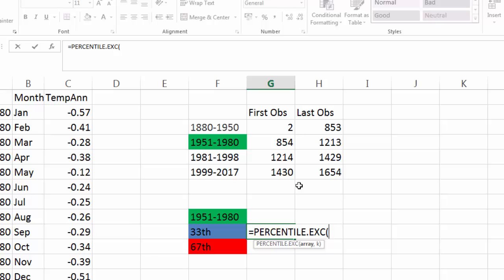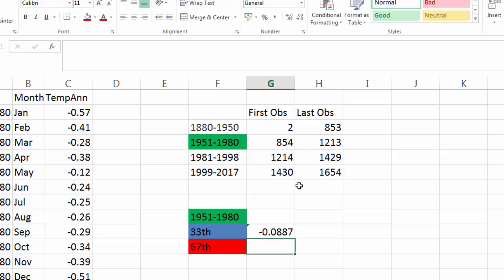You could highlight this period with your mouse, but here it's quicker to actually type C854 to C1213, and now comma. Now the question is which percentile. We want the 33rd, and the way to do that is to say 0.33, close parenthesis and enter.